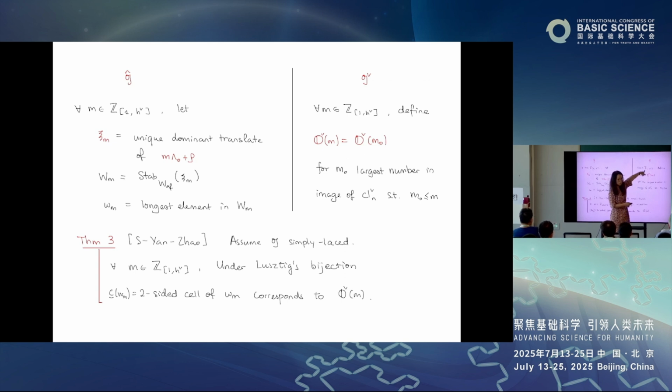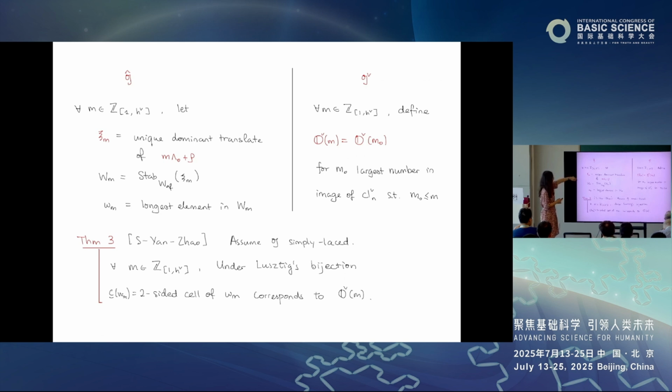For any m, an integer between 1 and the Coxeter number of G check, which is h check, I define an orbit O check. No, not for any number. For any number in the image, I have an orbit. And if a number is not in the image, I just take the largest number in the image which is below it. I assign an orbit to any integer between 1 and h check in this way.